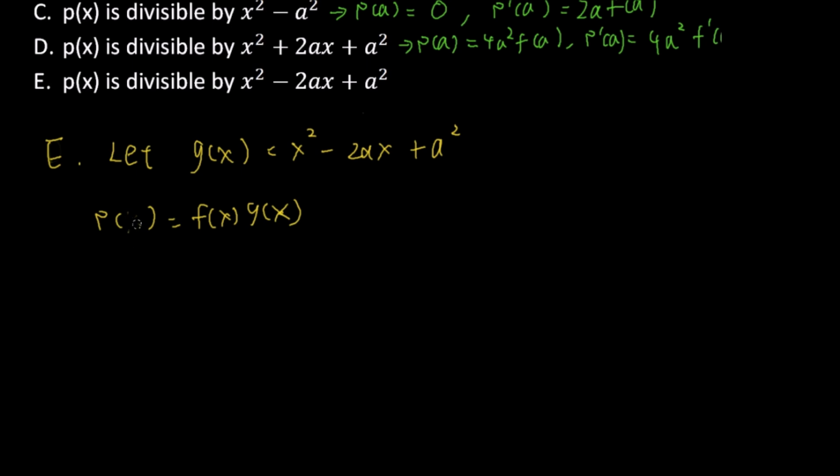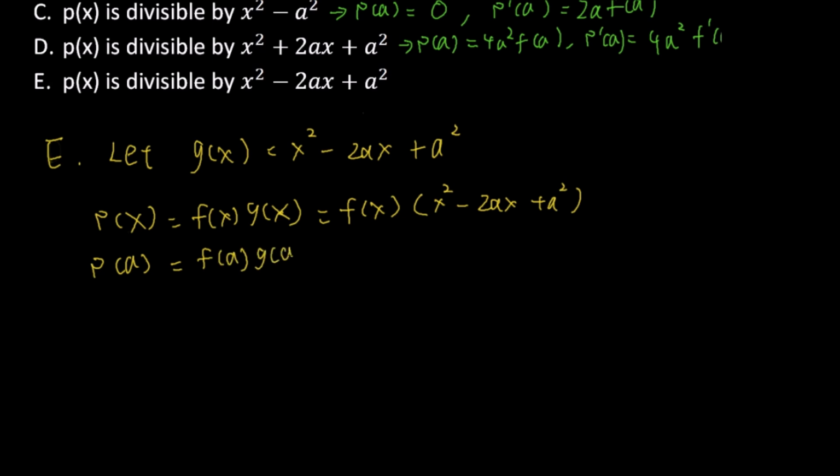We don't know what f at x is, so we'll leave it. But we know what g at x is: x squared minus 2ax plus a squared. Now we can plug in a for x. We have f at a times g at a, and that's equal to f at a times a squared minus 2a times a plus a squared.